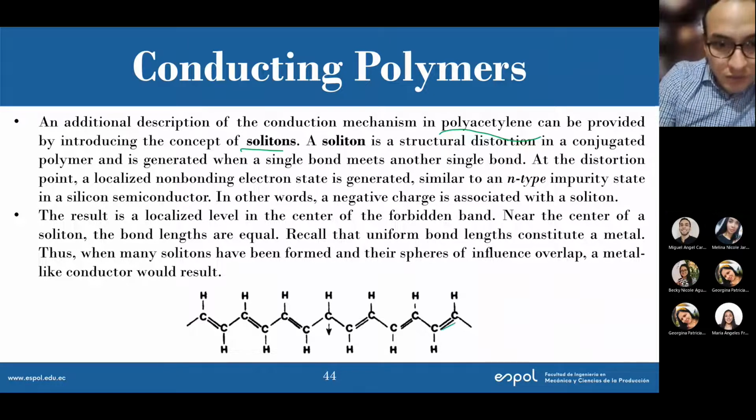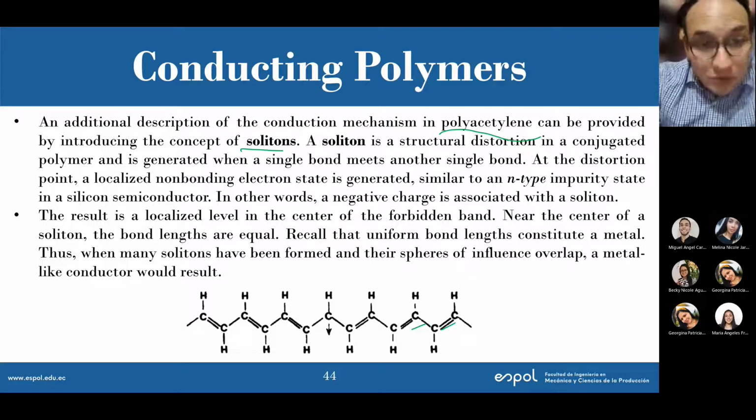Remember, conjugated polymers are all these polymers. So in a conjugated polymer, it generates when a single bond meets another single bond. And you're going to tell me, wait, what? How does that happen, right?